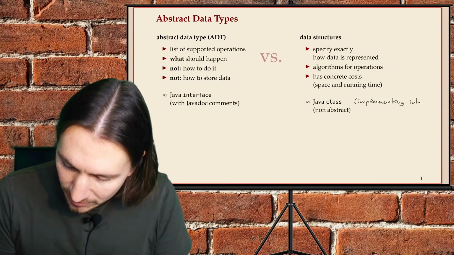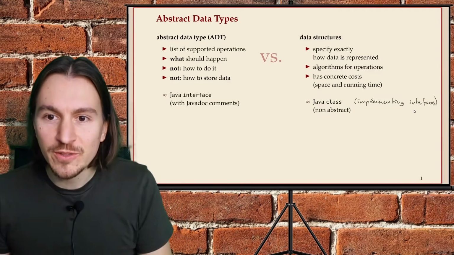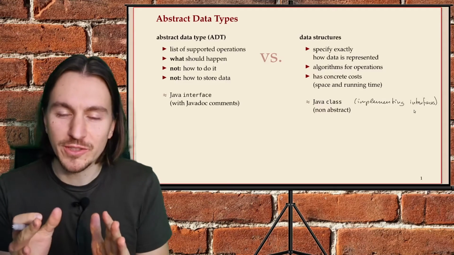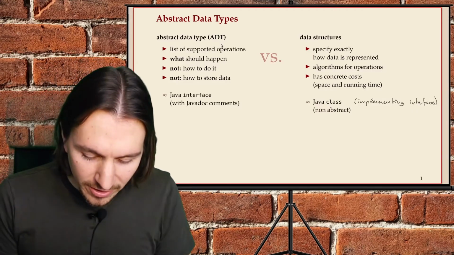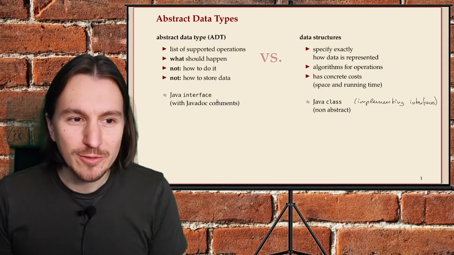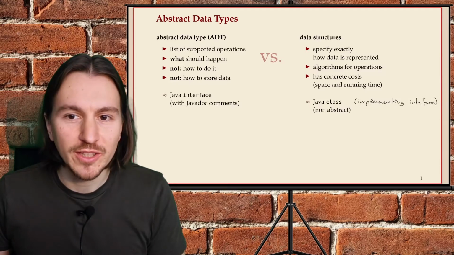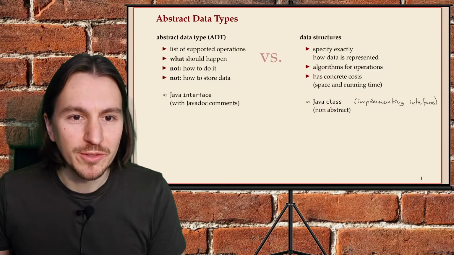Of course, you can have classes that don't implement any interfaces, but what I really mean is you have an abstract data type on the one side, an interface, and then a class that implements it. This analogy is useful, but it's not a complete and true representation of what abstract data types are, so it's helpful to keep the two separate.